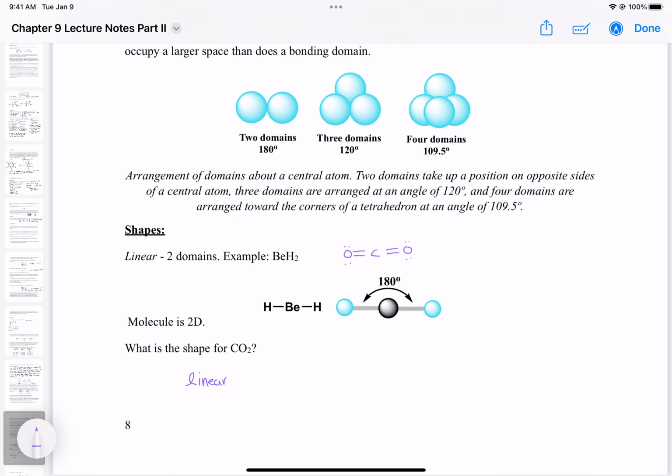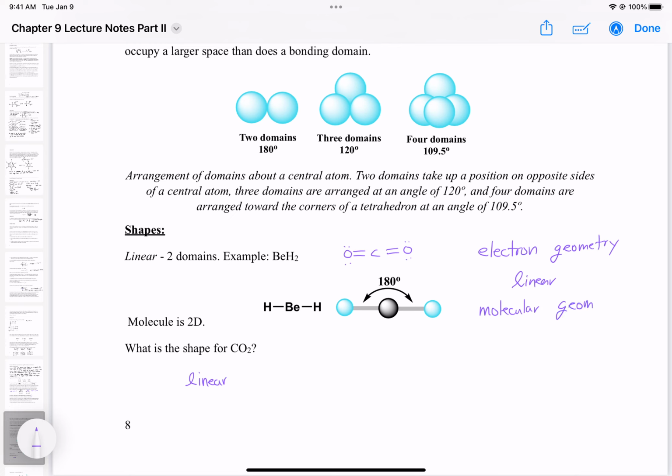So there's 2 names we can think about. There's electron geometry. So electron geometry refers to how many electron groups are around the atom, regardless of whether or not they are lone pairs or not. So electron geometry, that's the number of electron groups. So in this case, it'll be linear. And then molecular geometry is the actual shape of the molecule.